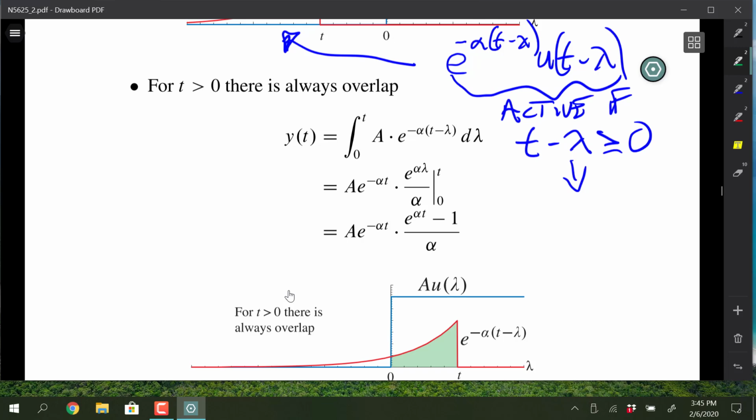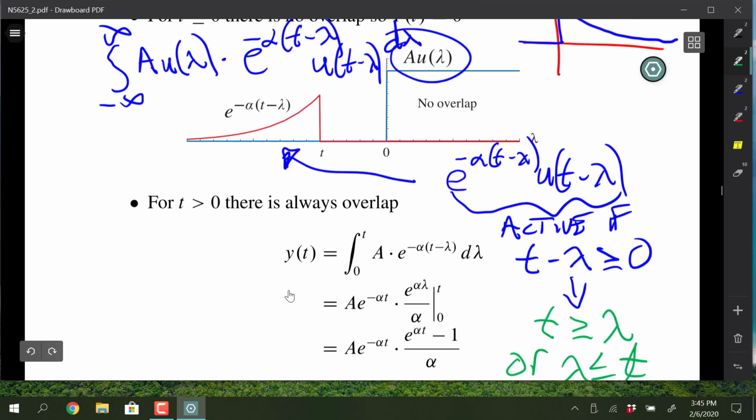I would move lambda to the other side, so it's going to be for t greater than or equal to lambda, because I moved lambda to the other side. Or, if you don't like it that way, lambda less than or equal to t.